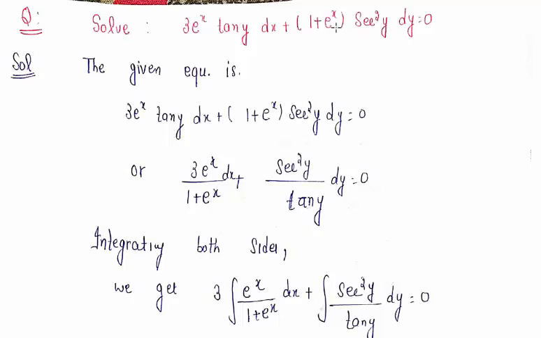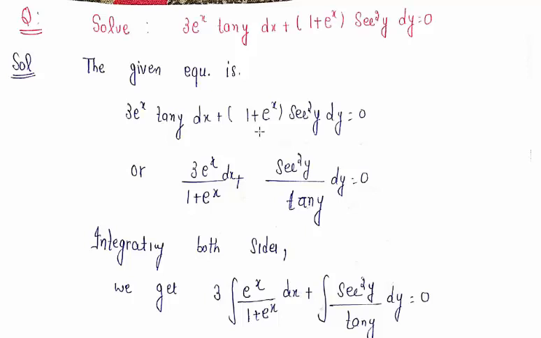The first term contains dx and 3 e raised to power x. On the second term, 1 plus e raised to power x is a term of x. So we shift this term into the denominator of the first term, and tan y into the denominator of the second term.